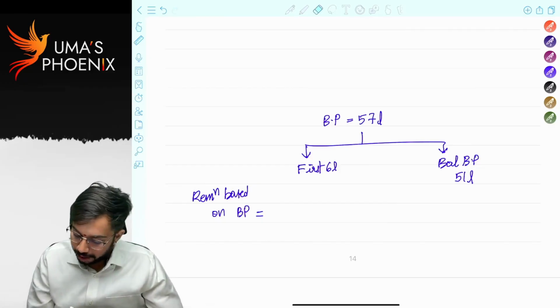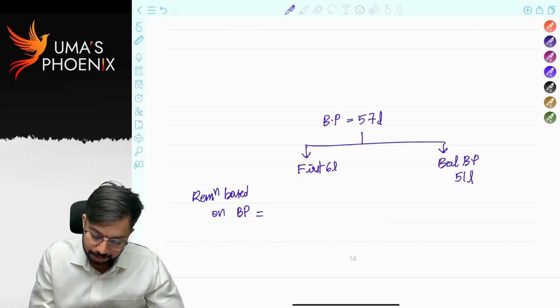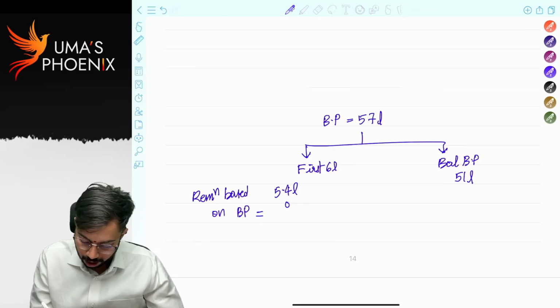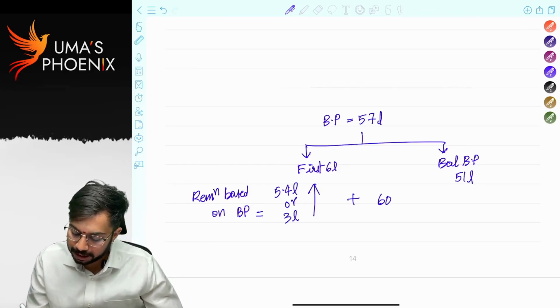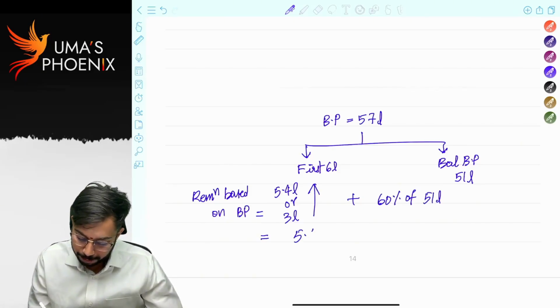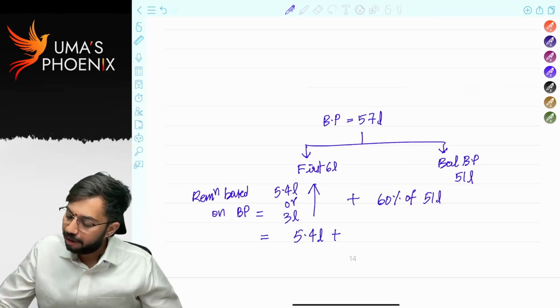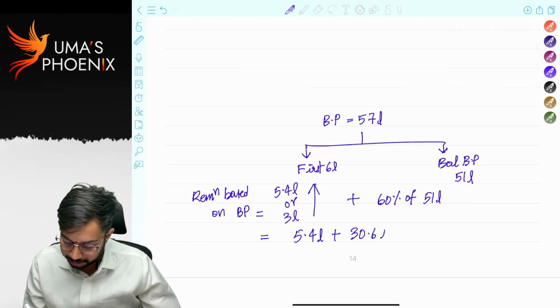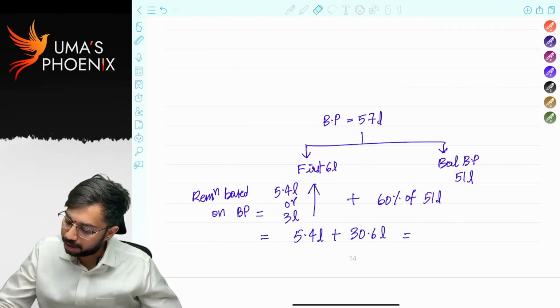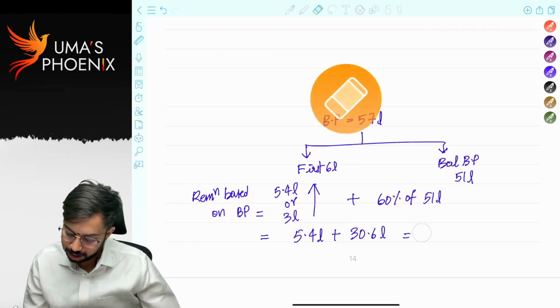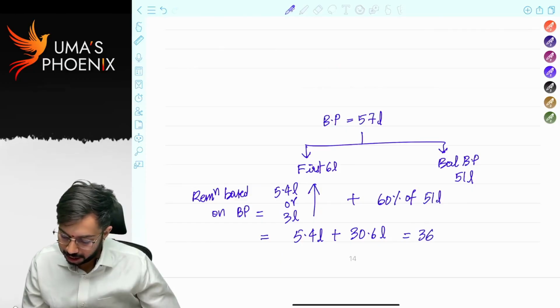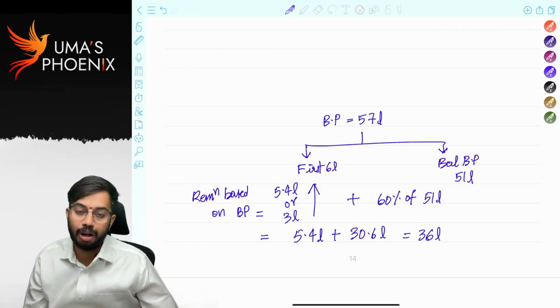That means 5.4 lakhs or 3 lakhs, whichever is higher, plus on balance book profits 60% of 51 lakhs. How much? 5.4 lakhs plus 51 lakhs into 60%, 30 lakhs 60,000. So in total, how much is allowed? 36 lakhs is remuneration based on book profits.